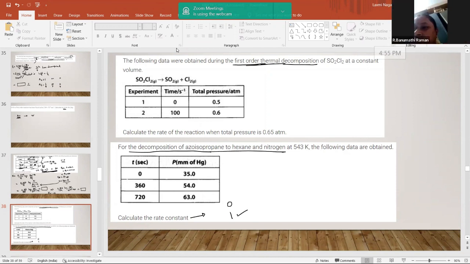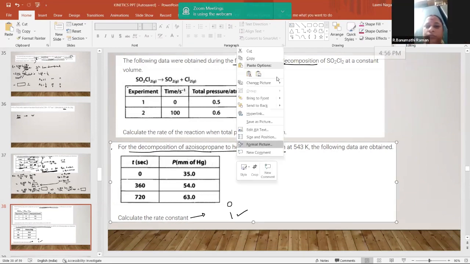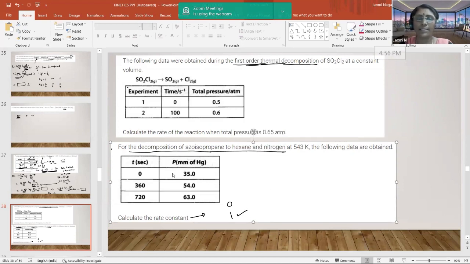And since by attempting 2 times in first order the K value is the same, it is declared to be a first order reaction. So this is actually, I think, the 20th or 21st question, I'm not sure. And the next question is in your textbook.